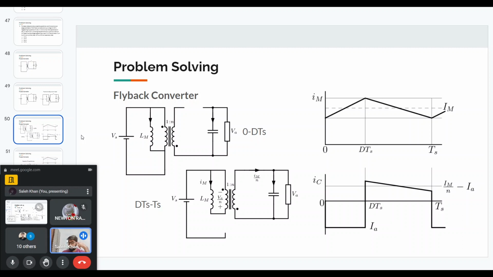In industry, in practice, the flyback is basically used for low power applications, in very small converters where we require isolation. Mostly your chargers will have some kind of flyback converter.